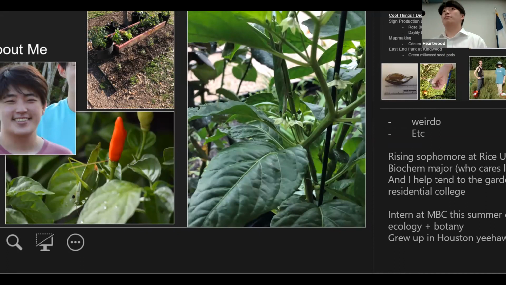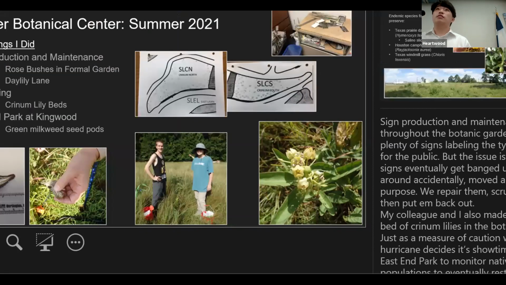So this summer I had the opportunity to help work and maintain the Mercer Botanic Gardens, including repairing, maintaining, and building signs that would label certain plant species throughout the garden, including those in the Daylily Lane formal garden.